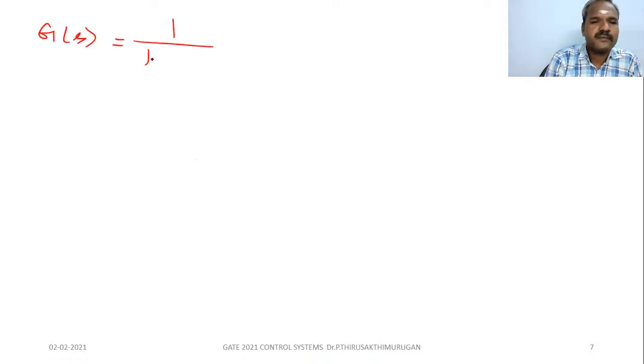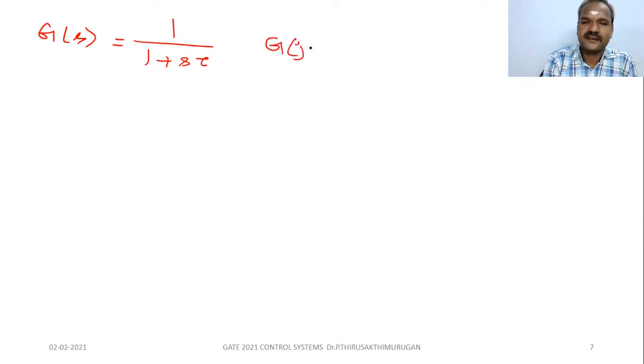Let us see some of the basic polar plots. First, we have G of S equal to K by 1 plus S tau. This is already in time constant form. So what is the frequency transfer function?